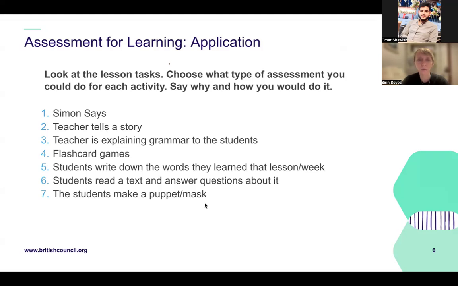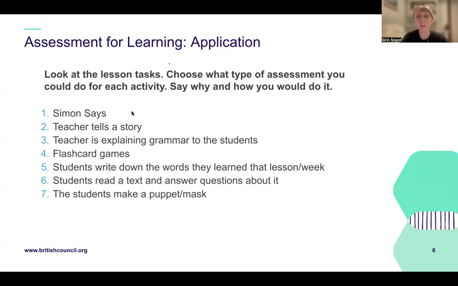Okay, so you need to choose what type of assessment you could do for each activity. For example, when you play Simon Says, it's a game, right? But if you want to do a type of assessment to check whether it helped you reach the learning outcomes or not, what types of assessment could you do?